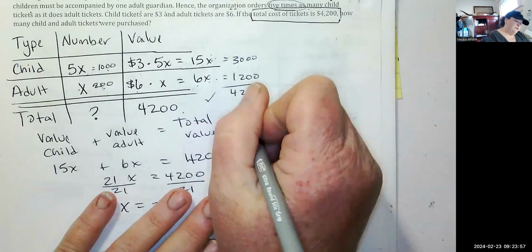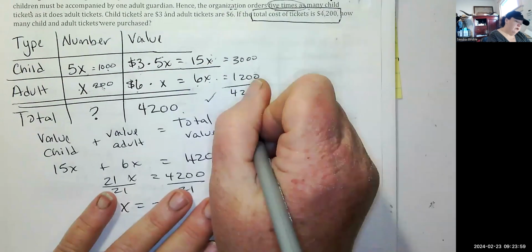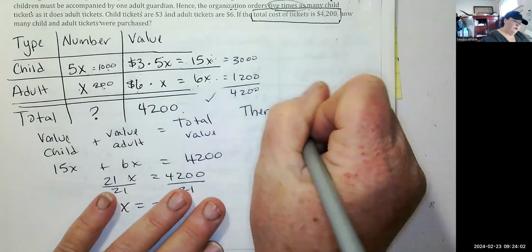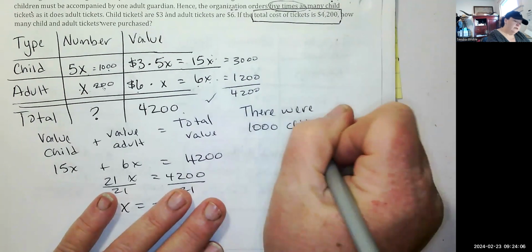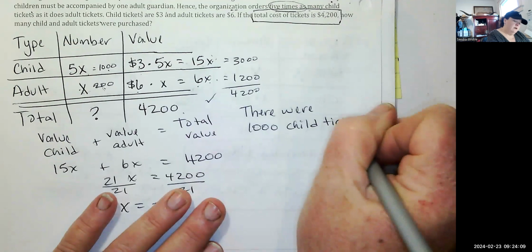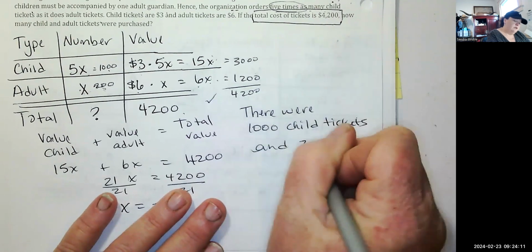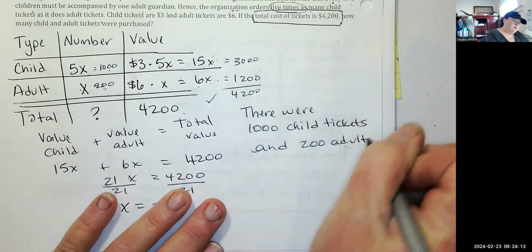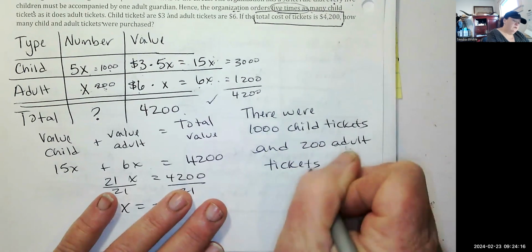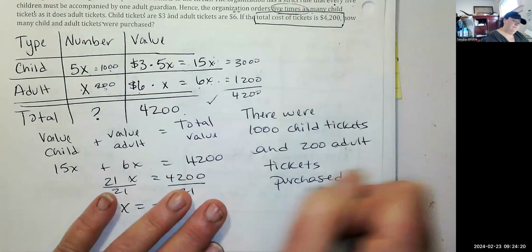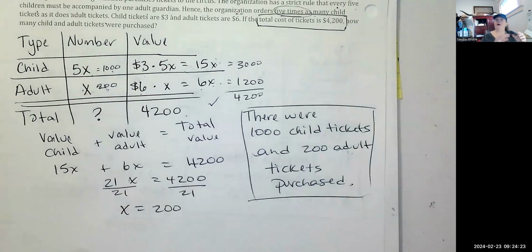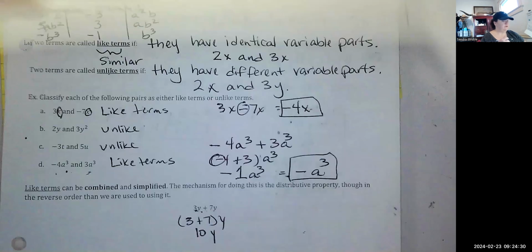There were 1,000 child tickets and 200 adult tickets purchased. The units are child tickets and adult tickets. I don't have to round, and it makes sense because we did our checking.